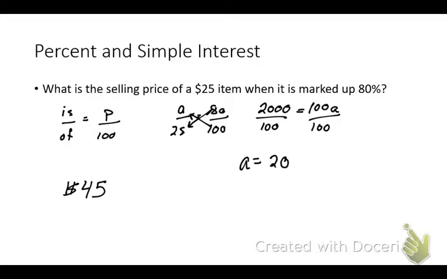Guys, this is not the only way to solve this problem, okay? When we're dealing with percent problems, the proportion works every time, but so does the equation. And depending on which part you're solving for, there's another shortcut that you could take too, okay? But for the sake of the fact that you're about to take your final exam, this method will work every time as long as you plug them in the right spot.